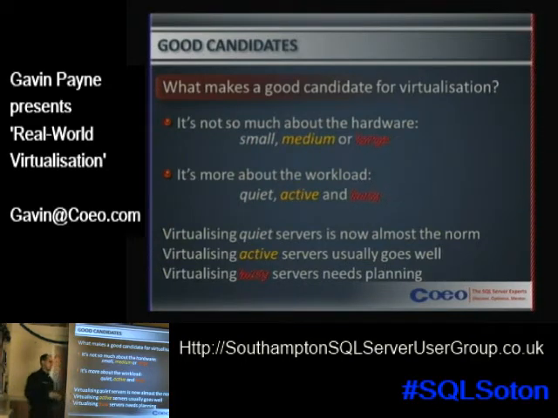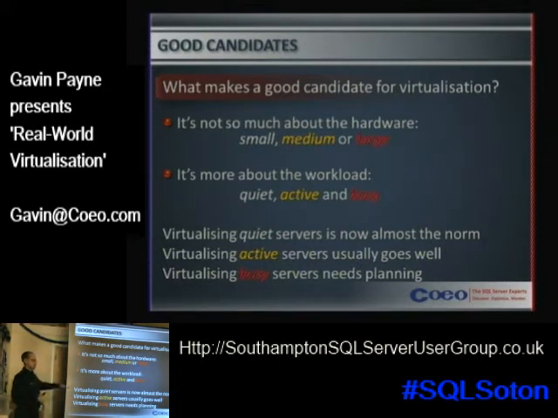VMware and Microsoft with Hyper-V 3 and Windows 8, their marketing pitch now is you can virtualize anything. They have scalability capabilities in their software now that no workload is too big for the current generation of their software. That's probably not too far from the truth.